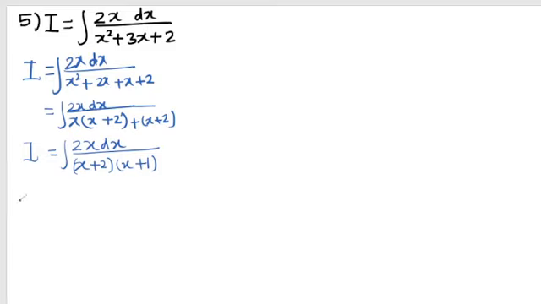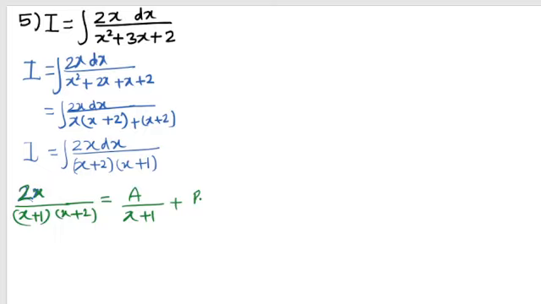That means we write 2x by (x plus 1) into (x plus 2) as a upon x plus 1 plus b upon x plus 2.